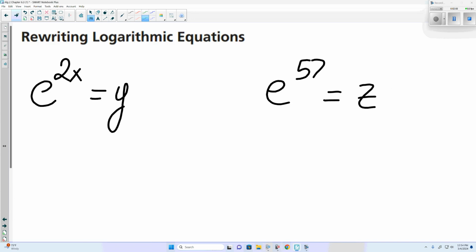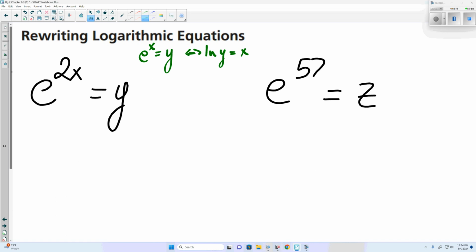So now we're given the exponential. So e to the x equals y if and only if ln of y is equal to x. So how would we rewrite e to the 2x equals y? So ln of what? Almost. Because here, our main two are x and y, yes? Oh, wait, it would be y instead.